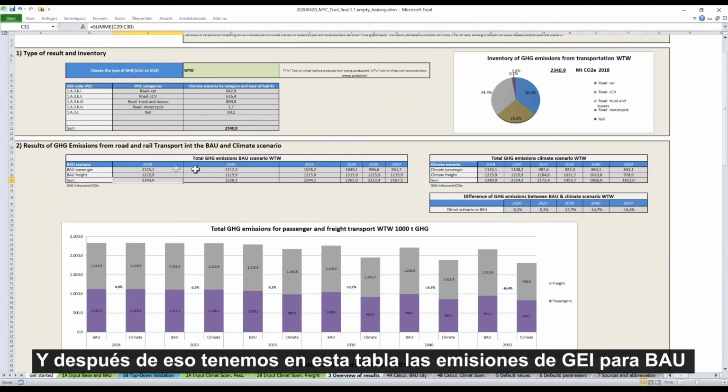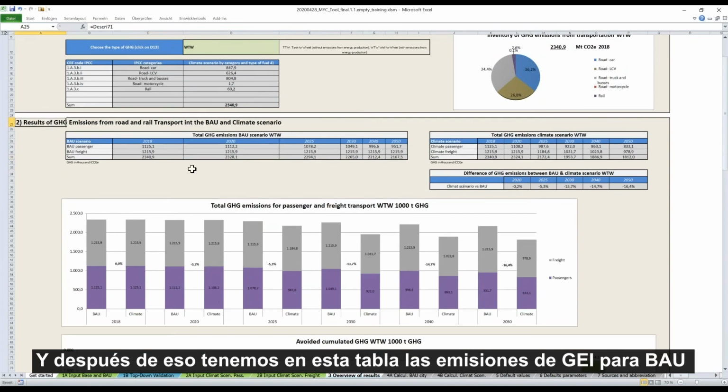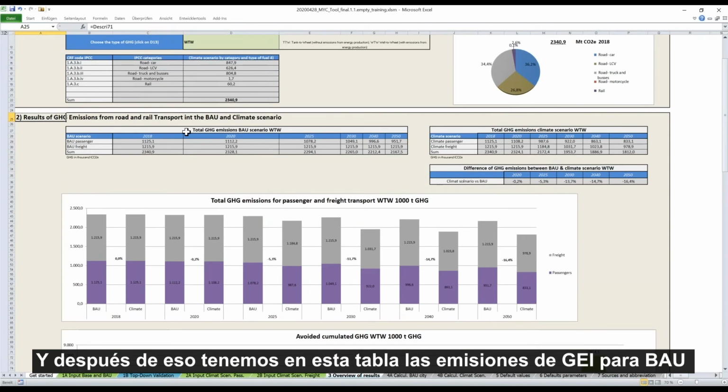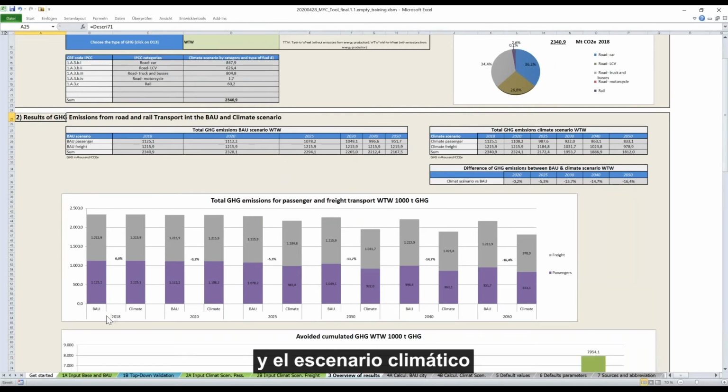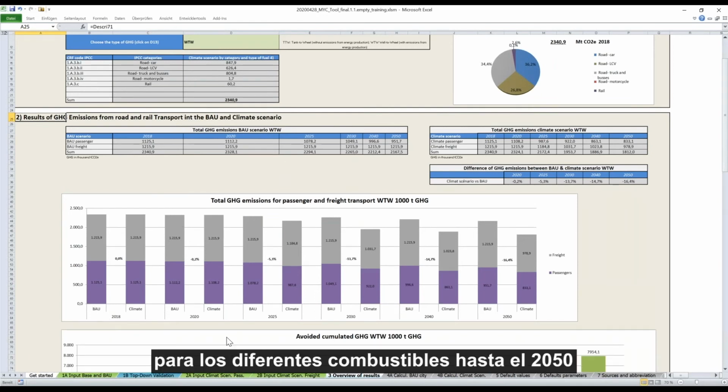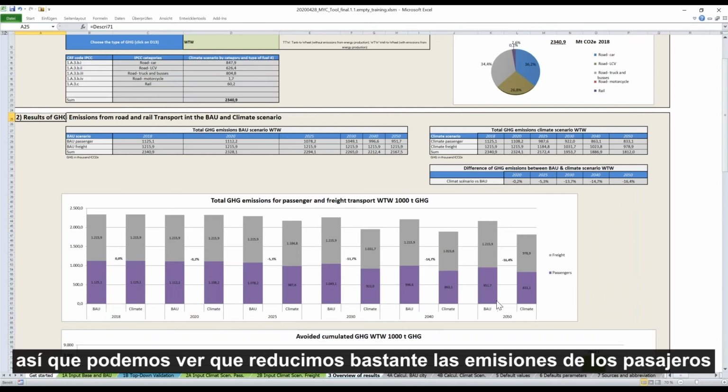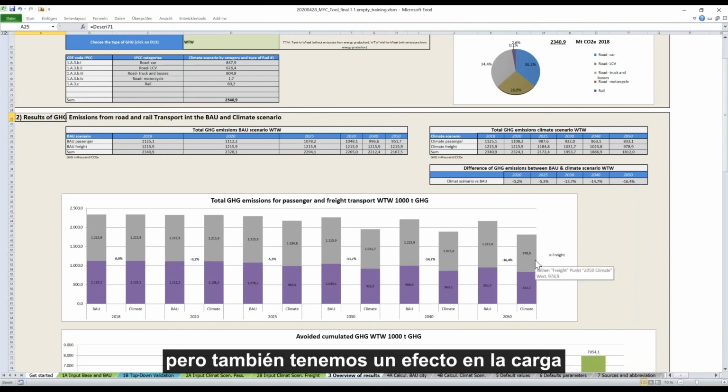And you have afterwards the results of the scenario, so BAU and climate. You have in this table the total GHG emissions in the BAU and in the climate scenario for the different years up to 2050. You have the differentiation between passenger and freight. So you can see that we have reduced quite a lot the passenger emissions, but we also had quite an effect on the freight.